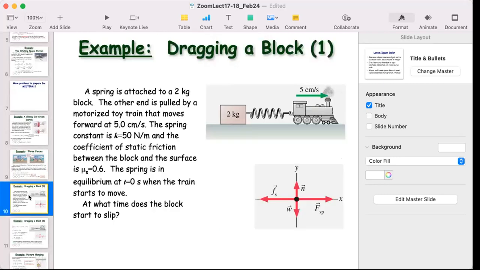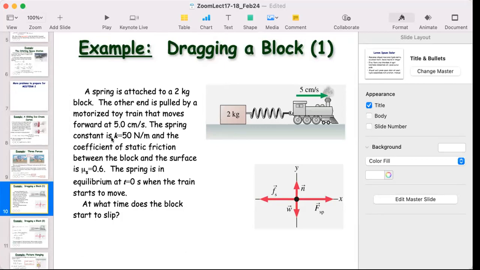Okay, then something a bit more complicated. A string is attached to a 2 kilogram block. So you see here the 2 kilogram block, then we have a spring, and then we have the train. The other end is pulled by a motorized toy train that moves forward at 5 centimeters per second.